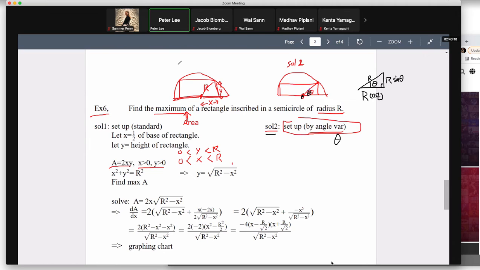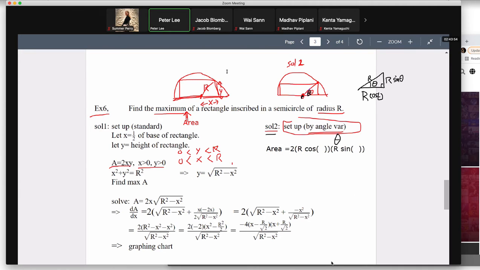So in this case, what is the area going to be? Area is going to be 2 times r cosine theta, and times the height, r sine theta.